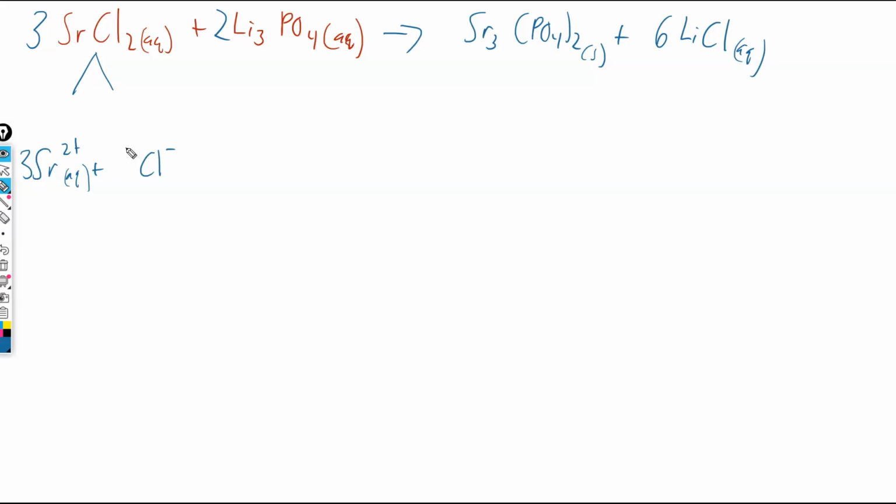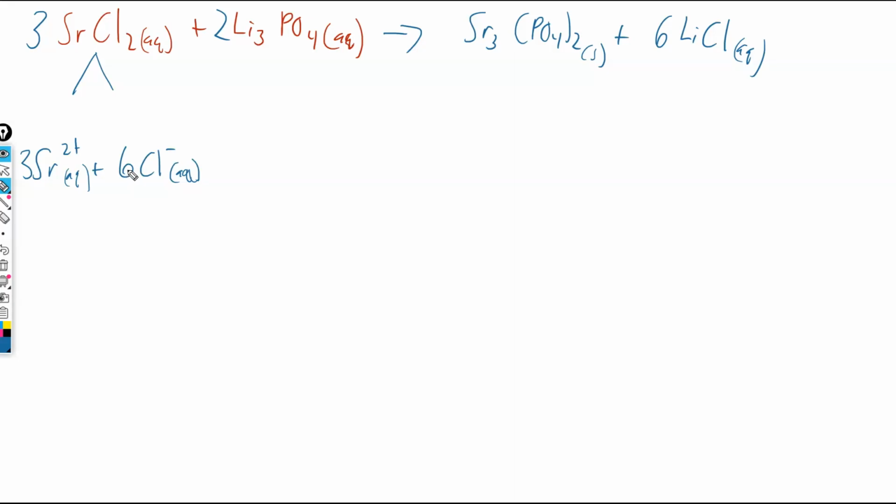So you'd have a total now of 6 chlorines in the solution. A way you can always check yourself, guys, is that the charges of these two added together still should cancel out. 3 times 2 is 6 plus. 6 times -1 is 6 minus. Add them together to zero out. If they don't zero out like they do up here in the formula, you have something wrong.